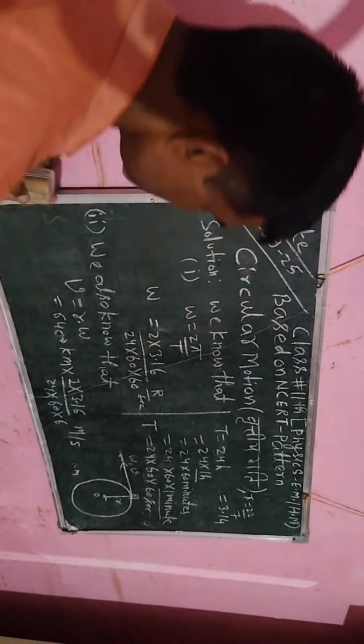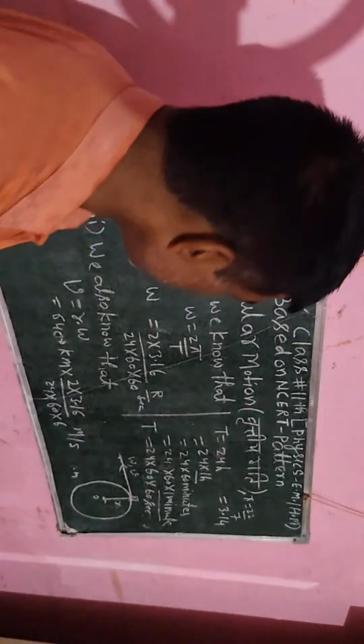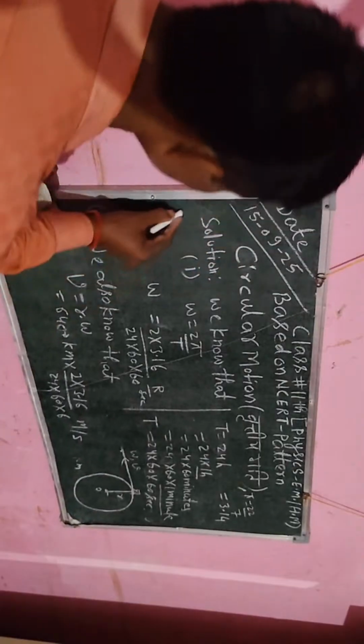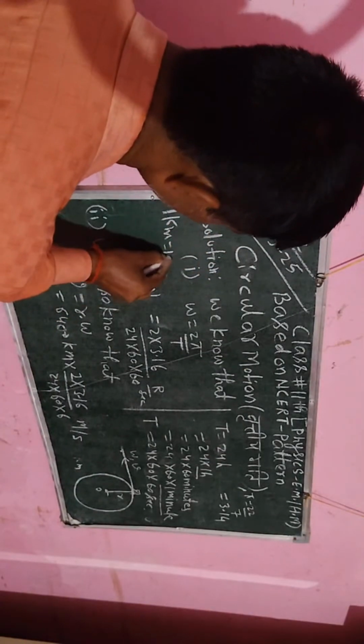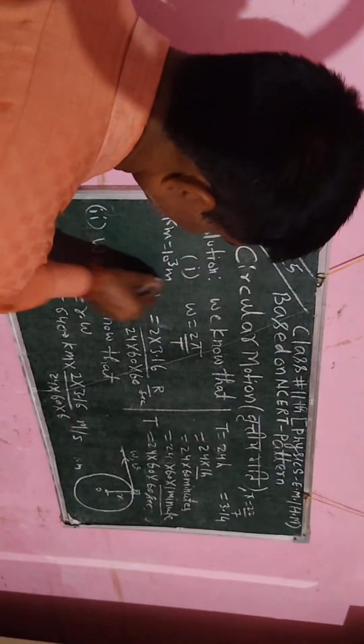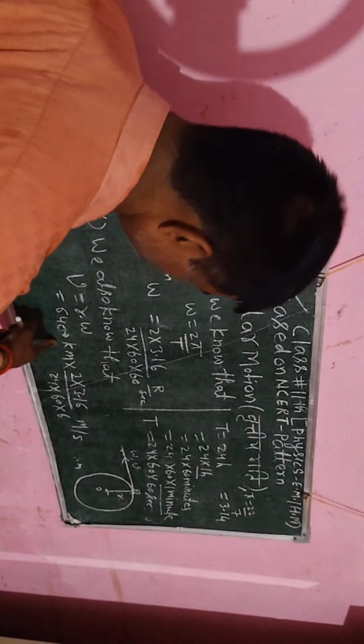Here I have to convert the value of kilometer. Each and every student knows that 1 kilometer is equal to 10 to the power 3 meter, because kilometer can also be written in meter.